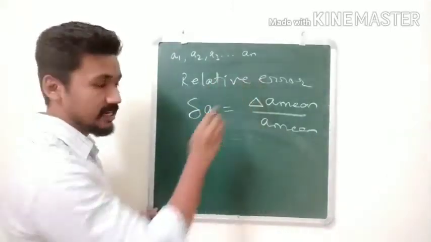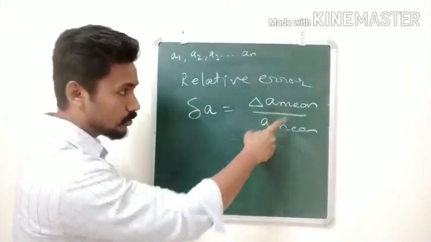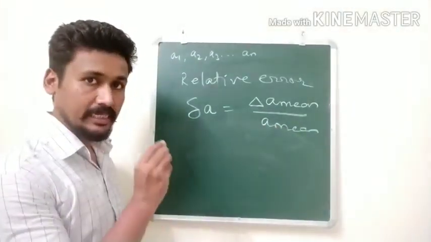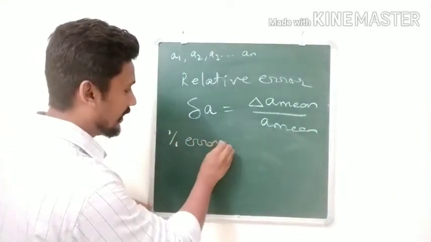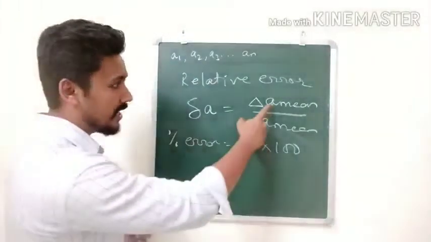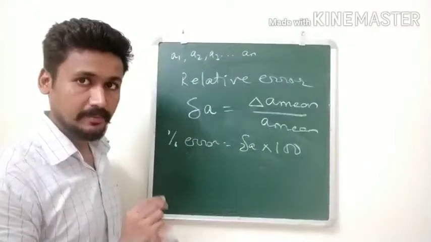So relative error is the ratio of the mean absolute error to the mean value. Using that we can find the percentage error. Percentage error is nothing but relative error multiplied by 100. So delta A mean by A mean into 100 will give you the percentage error.